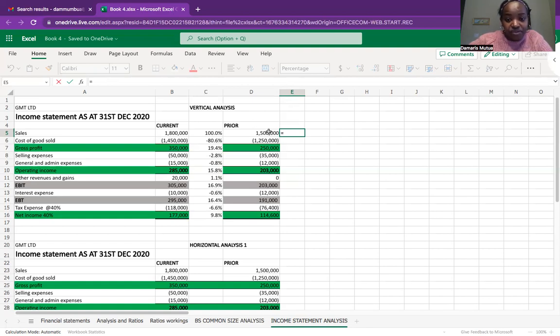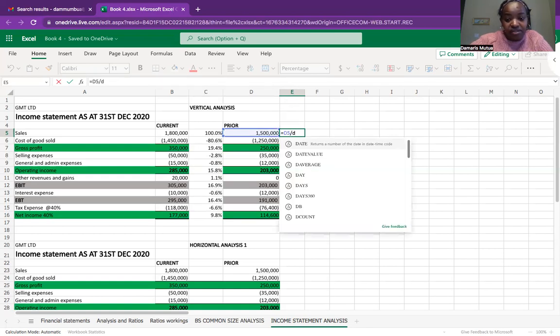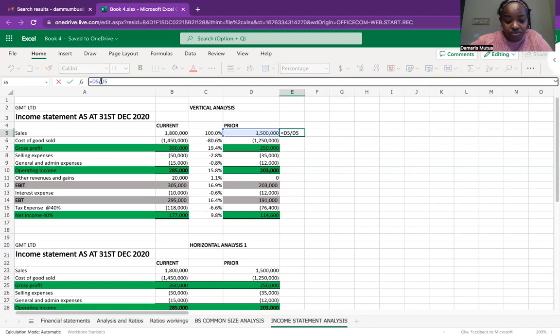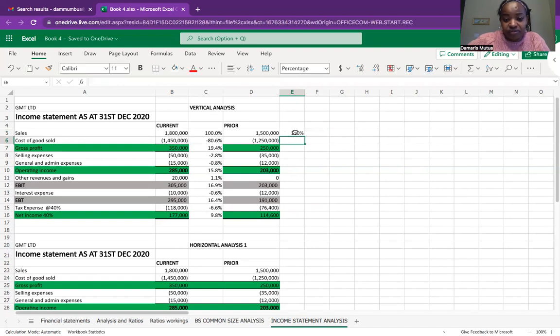So very fast, we do the same, divided by the same figure, which is the 5. We're going to fix it, then we drag it down to get to know how we're doing as an organization. Okay, very fast, we pull this down, then we get to know exactly what we're doing.